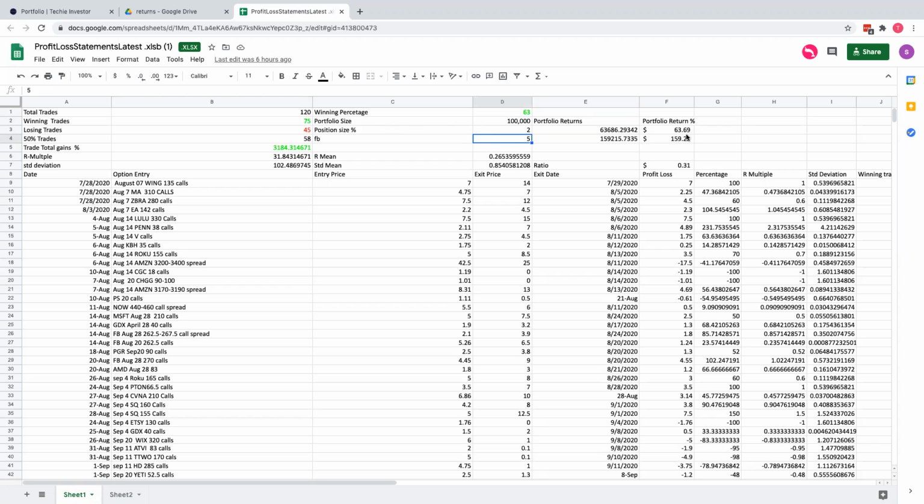If you look here, for the position size of 5%, the portfolio return is right now at 160%. But if the position size is 2%, it is 63.69%. For the same things, remember I was showing you the slides? For the different position sizing, the returns will be different, right?